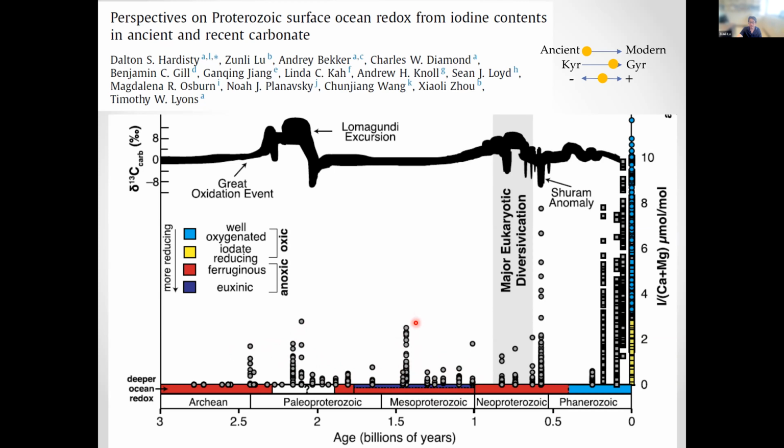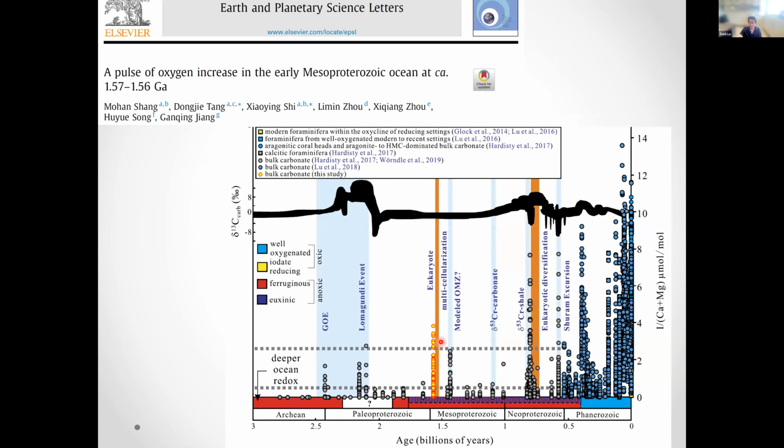is that at that time, Dalton was very excited about seeing these relatively high values in the middle of the mid-Proterozoic part. And it looks like it's not the only case. Another group independently found some higher values at a slightly older time interval.